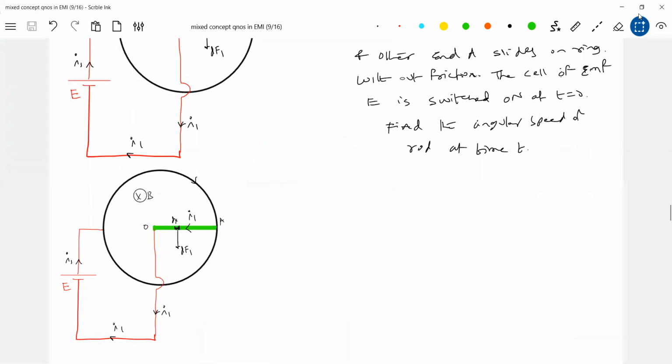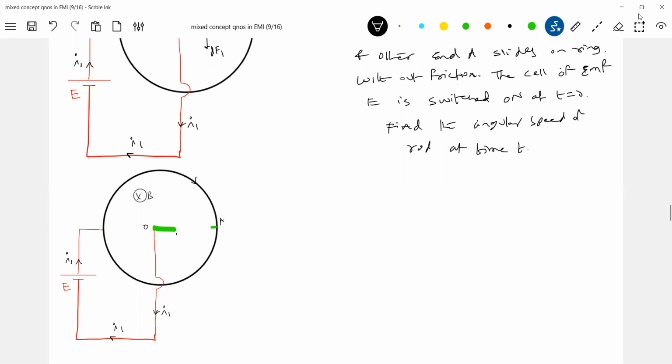Now tell me, what should I replace this with? A cell. Let me draw a diagram. A cell will come. What should be the direction of EMF induced?